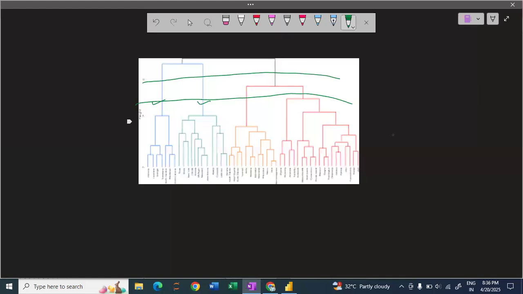If we take the upper line, we get 1, 2, and 3. And if we cut from here, we take 1, 2, 3, and 4. So sometimes we first apply 3, then we apply 4.